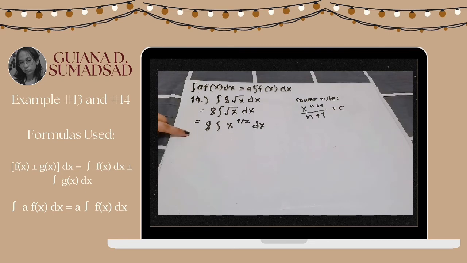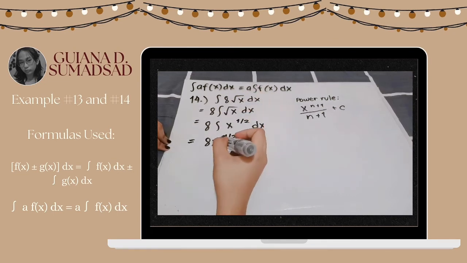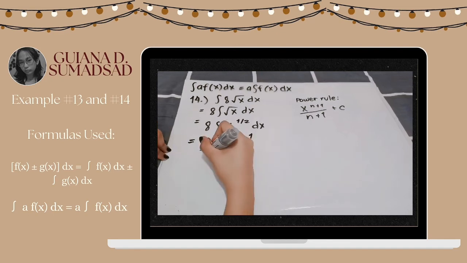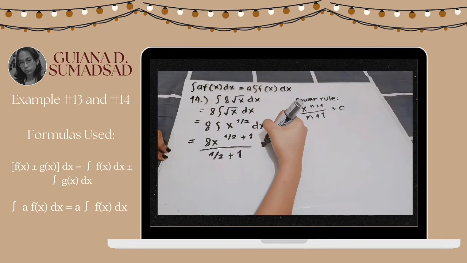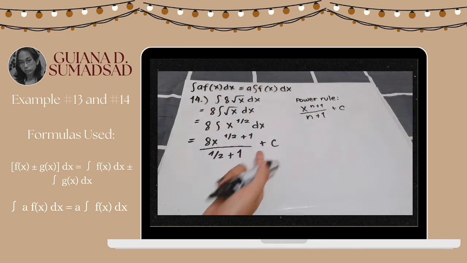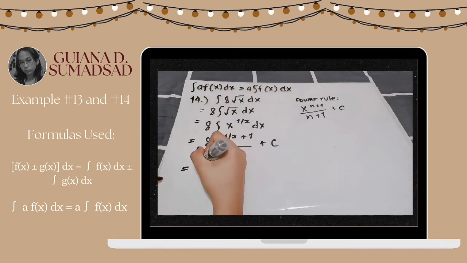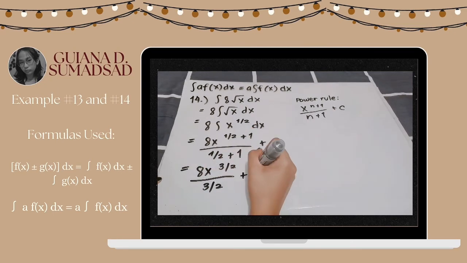So here, it will become 8x raised to 1/2 plus 1 over 1/2 plus 1 plus c. So we should not forget the letter c always. Next, we will simplify. It will become 8x raised to 3 over 2 over 3 over 2 plus c.